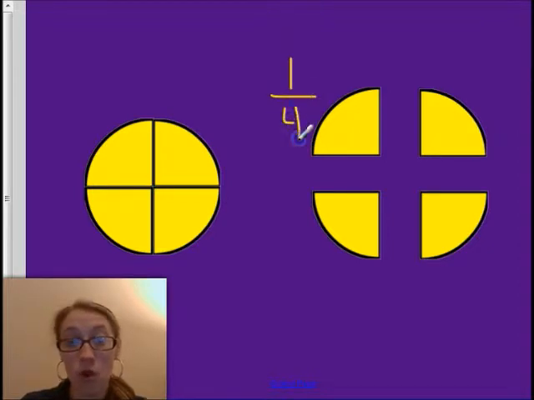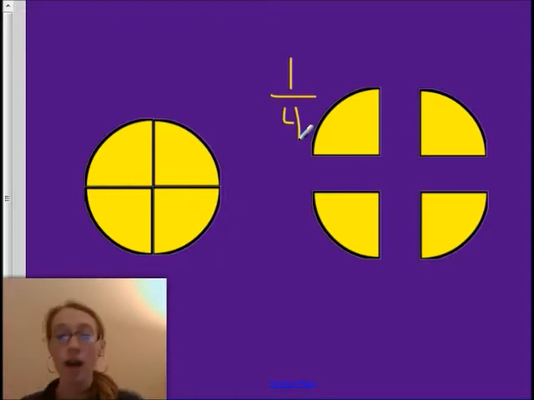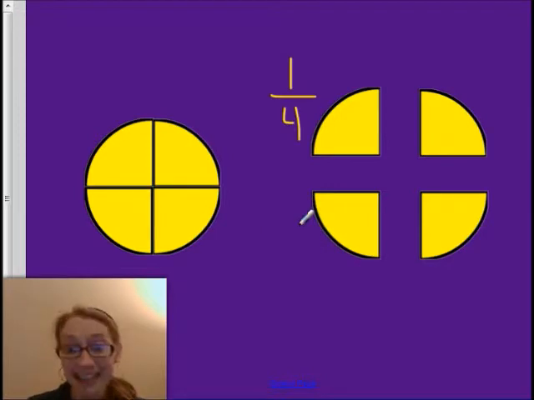In other words, one part of our giant cheese wheel is 1/4 of that cheese wheel because we divided it into fourths. 1/4 is our unit fraction because that is one part.